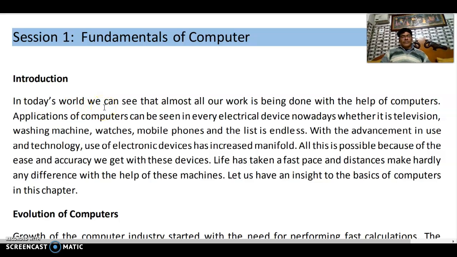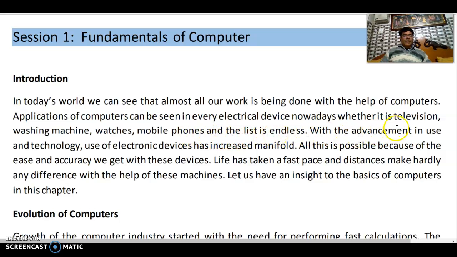work is being done with the help of computers. Application of computers can be seen in every electrical device nowadays, whether it is television, washing machine, watches, mobile phones, and the list is endless.